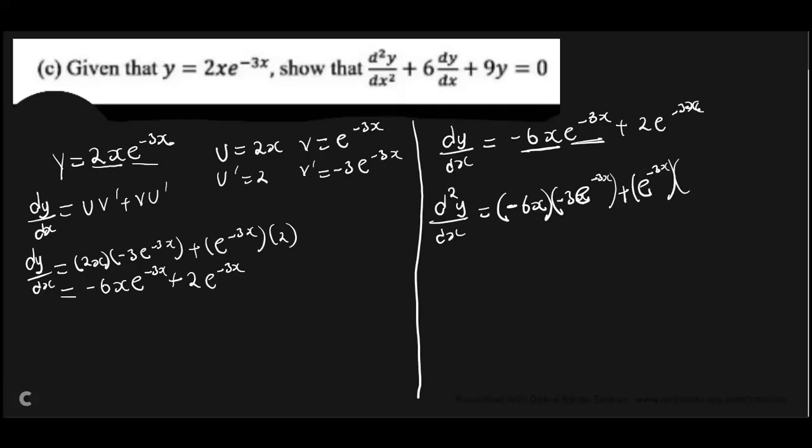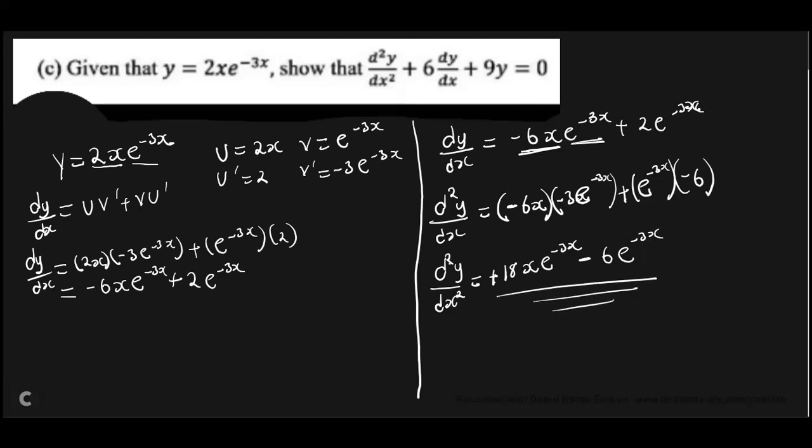Then you differentiate the front part, which is negative 6 like that. Then meaning that your second derivative in this situation will be negative 6x, then that will give us positive 18x e to the power negative 3x, then minus 6e to the power negative 3x like that.